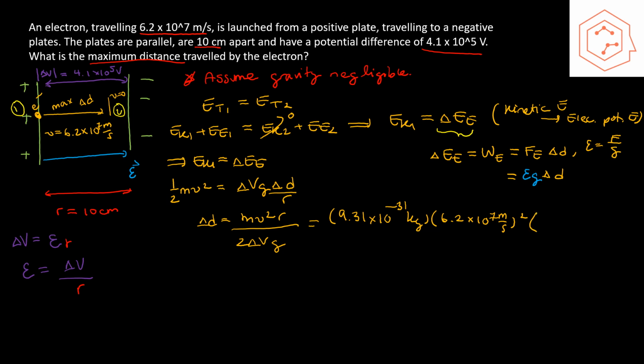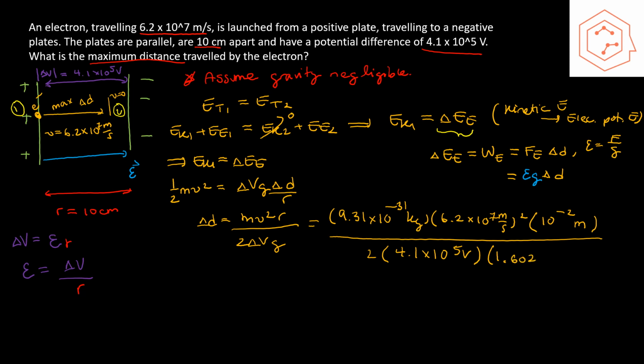Times R, which is equal to 10 centimeters, or 10 times 10 to the negative 2 meters, all divided by 2 times our potential difference of 4.1 times 10 to the 5 volts, again we only care about the magnitude, times Q, which is for an electron 1.602 times 10 to the negative 19 coulombs.